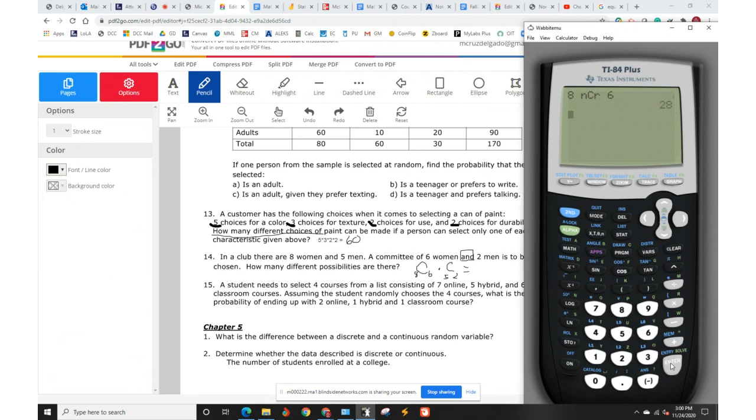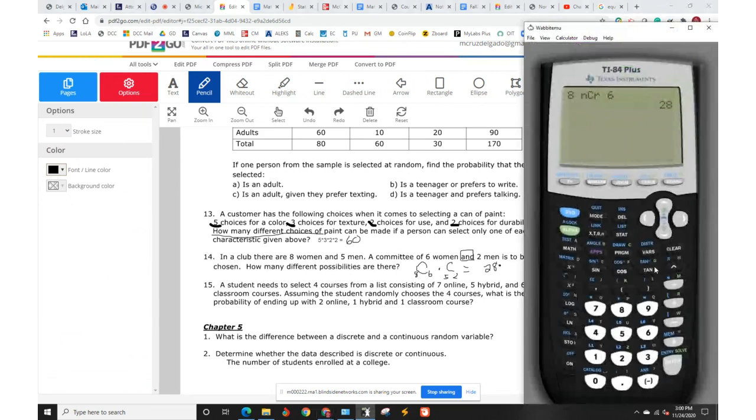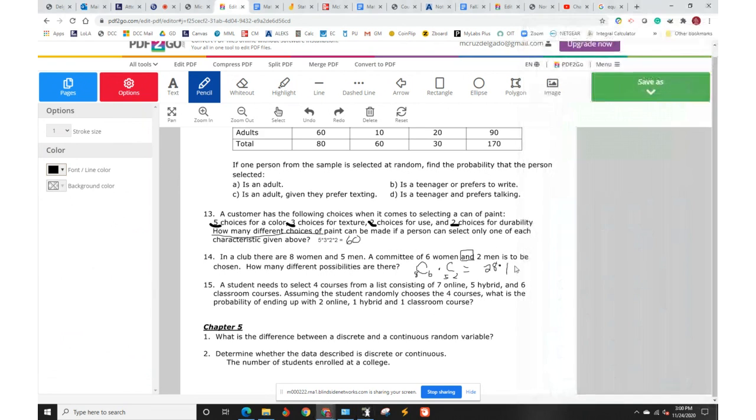All right, so that's 28 times, and then it's 5, and that's 10, 280.